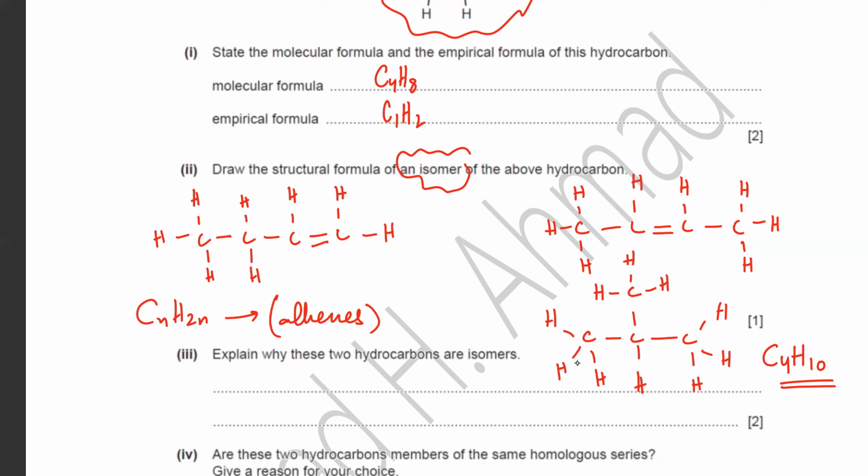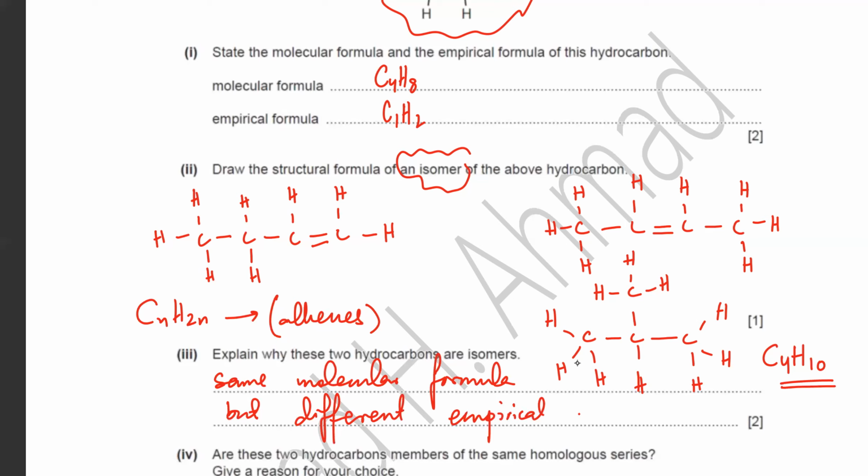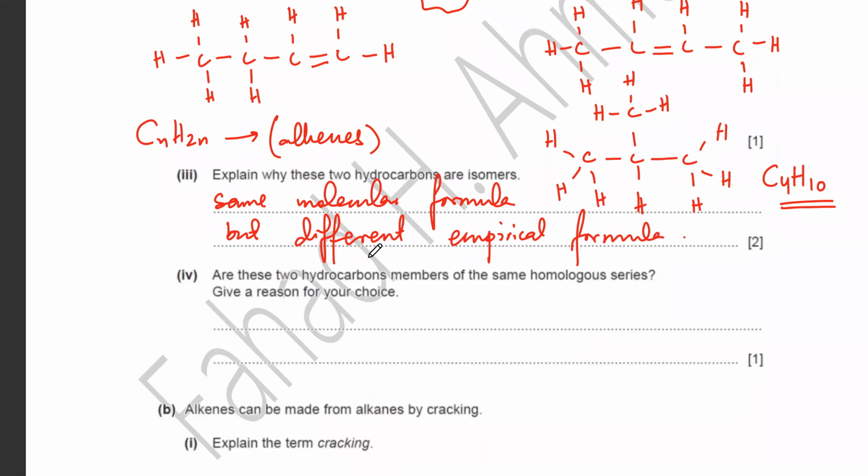Then, explain why these hydrocarbons are isomers. So you have to state the definition: they are isomers because they have the same molecular formula, the same number of atoms, but different empirical formula. Are these two hydrocarbons members of the same homologous series? Give a reason for your choice.